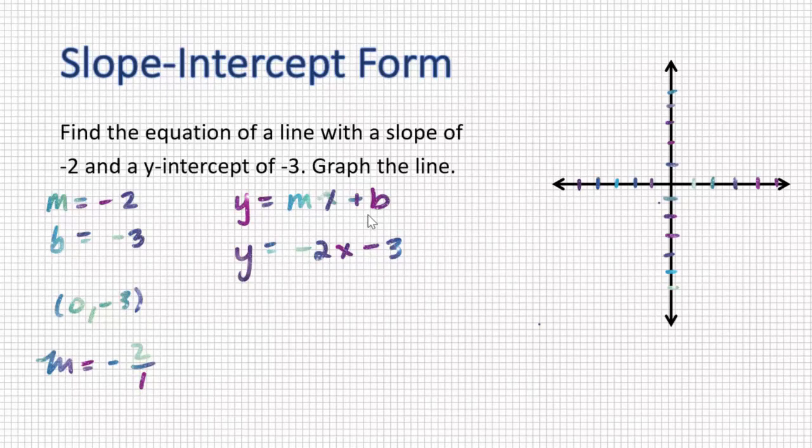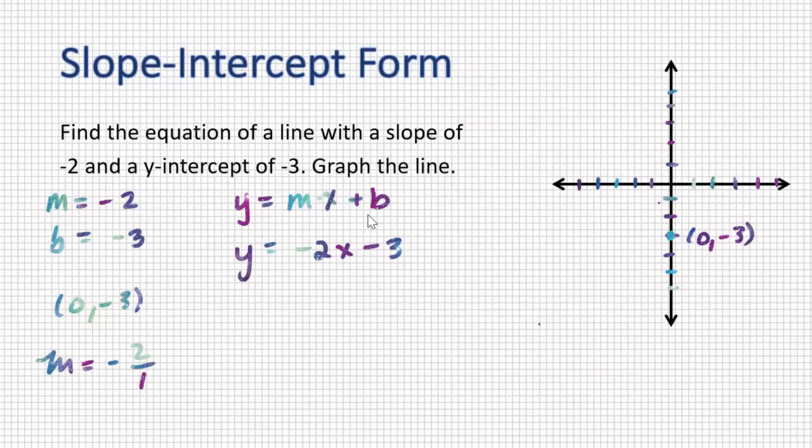So we start with the point (0, -3). So there's our point, (0, -3). It's where we cross the y-axis. It's the y-intercept. Now we'll use our slope to find one more point. Because we know we have a straight line, we only need one other point in order to graph it.